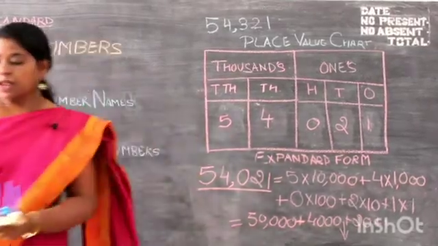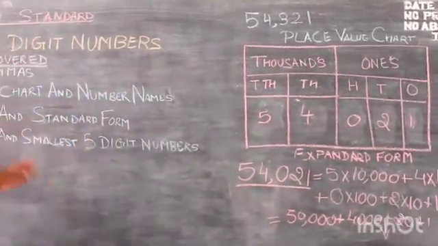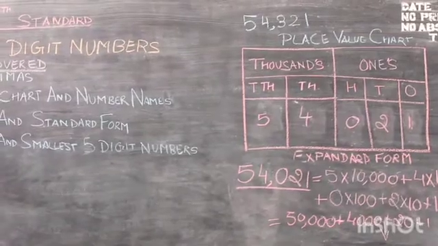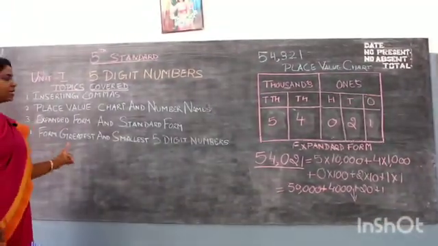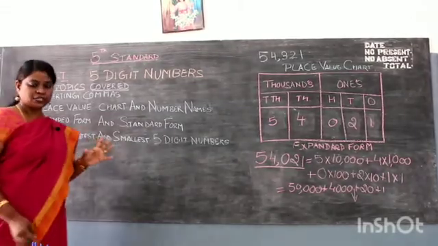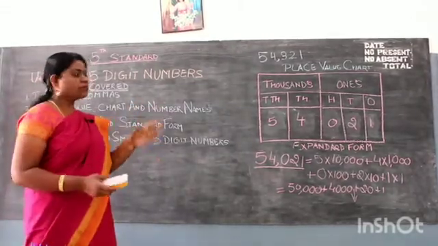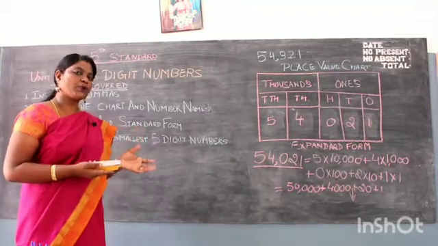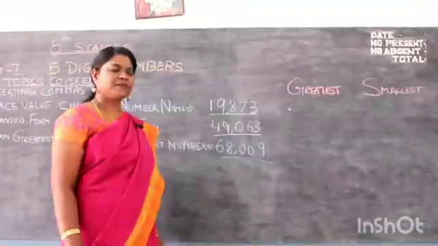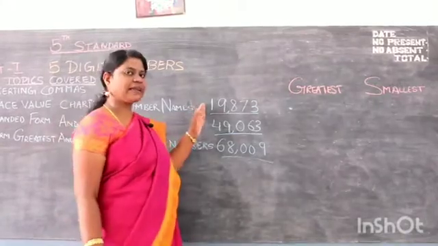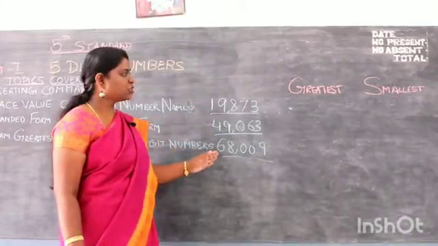Okay students, now we have already covered the first 3 points. The last topic is to form the greatest and smallest number with 5-digit numbers. I'm going to rub this and start explaining how you're going to write the greatest and the smallest number. Students, I have taken 3 numbers randomly with which I am going to explain.